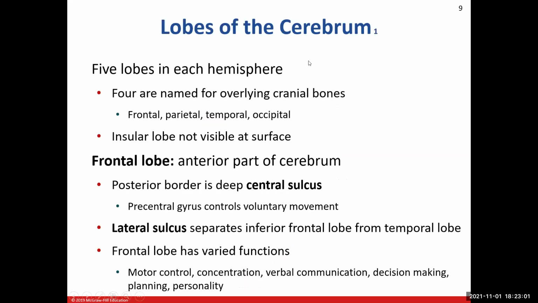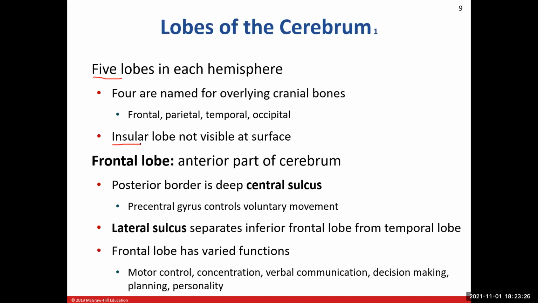All right, so like I said, we have 5 lobes, 4 of which you can see. If you were to pull a brain out of a cadaver and hold it in your hands, you would be able to see 4 of those lobes visibly, right? But we have one lobe that is more internal, and we call that the insular lobe. I call it the invisible lobe, or more or less it's inside.